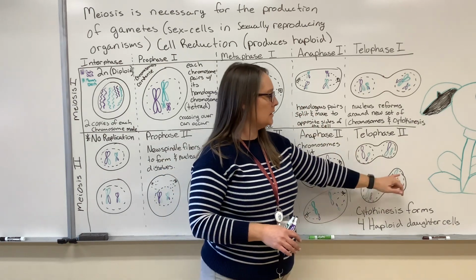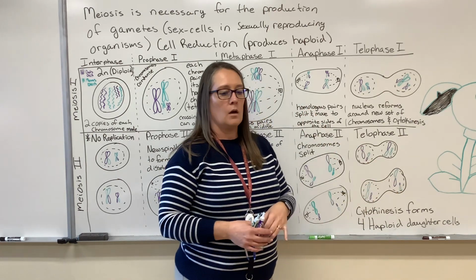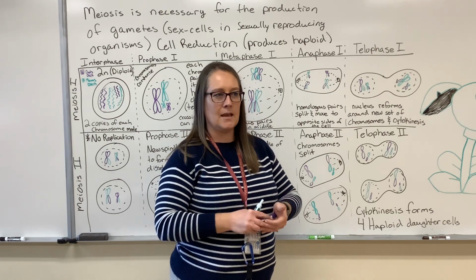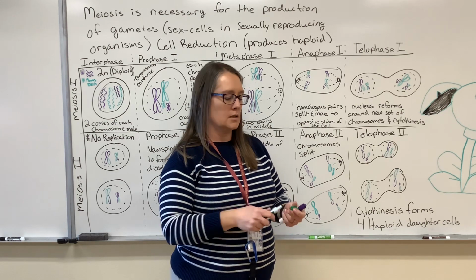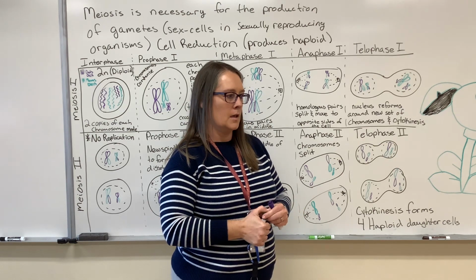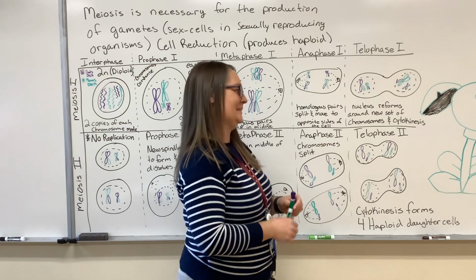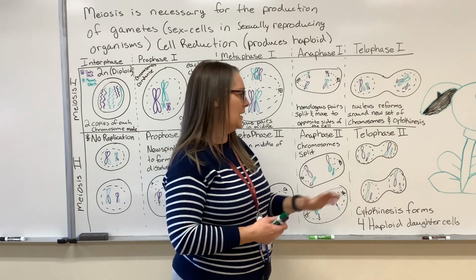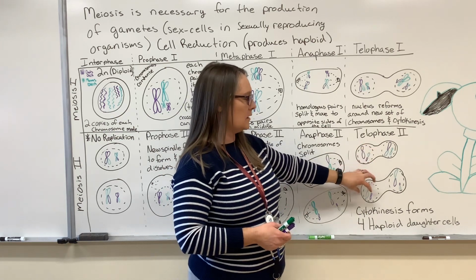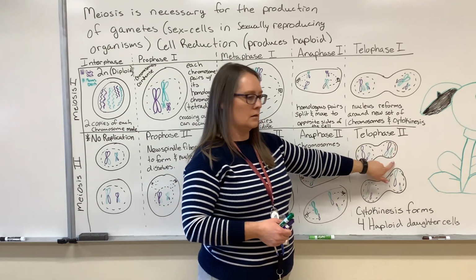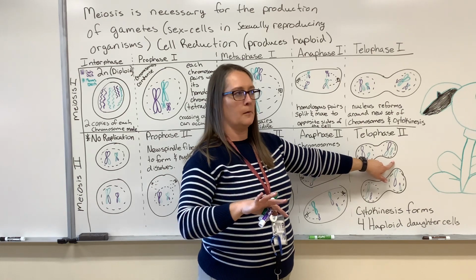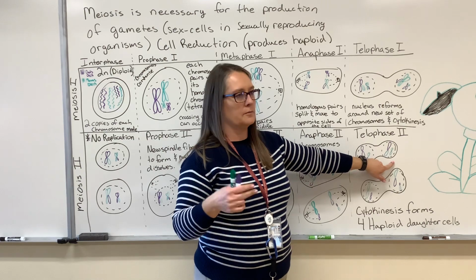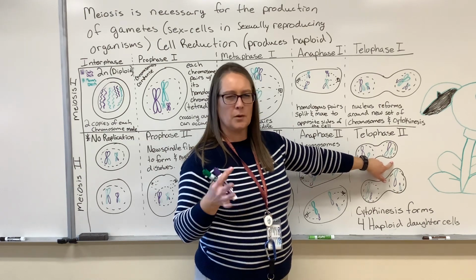The other 3 daughter cells will usually become support cells to the egg. I don't want to get into the details on it, but they'll become cells that are helping the one daughter cell, and they'll be part of the reproductive process and the menstrual process and stuff like that.